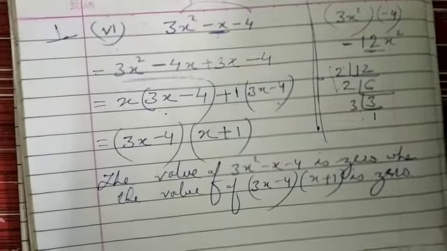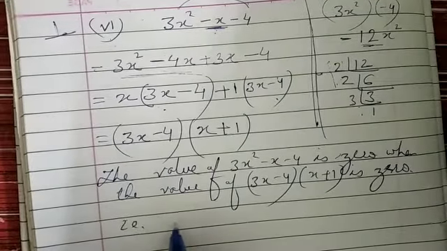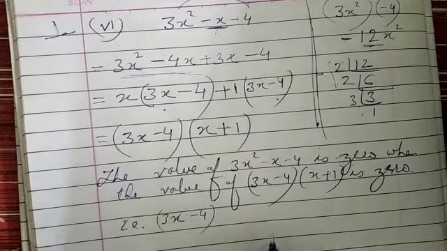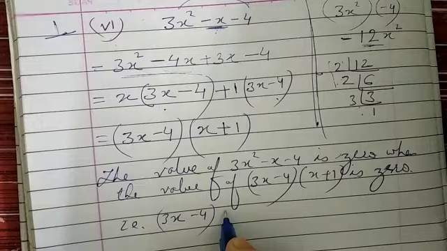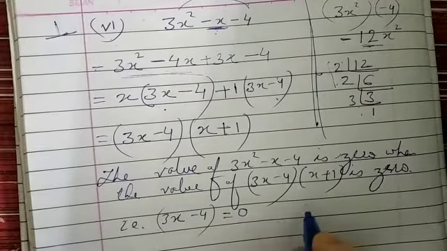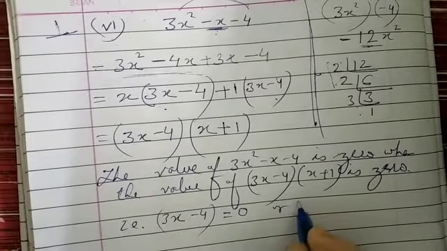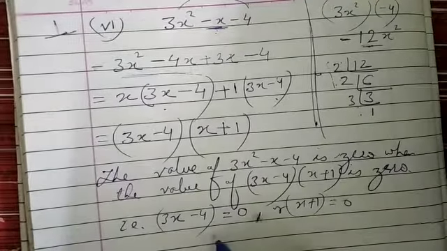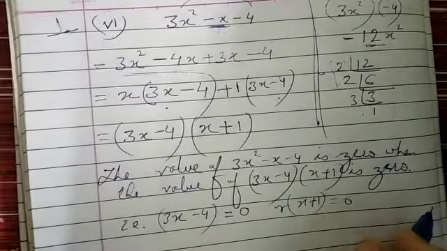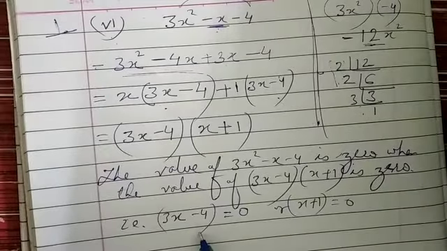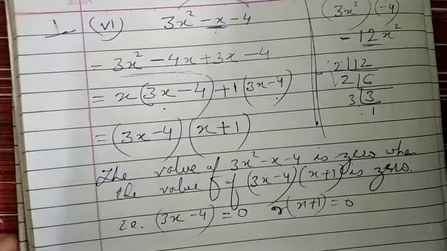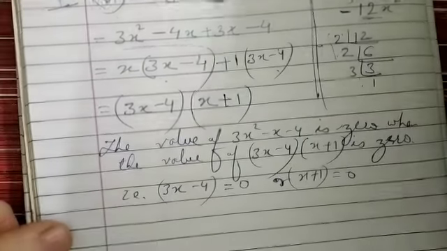That is, 3x minus 4 is equal to 0 or x plus 1 is equal to 0. Either this one is 0 or this one is 0. If the product is 0, then one of the terms must be 0, or both may be 0.